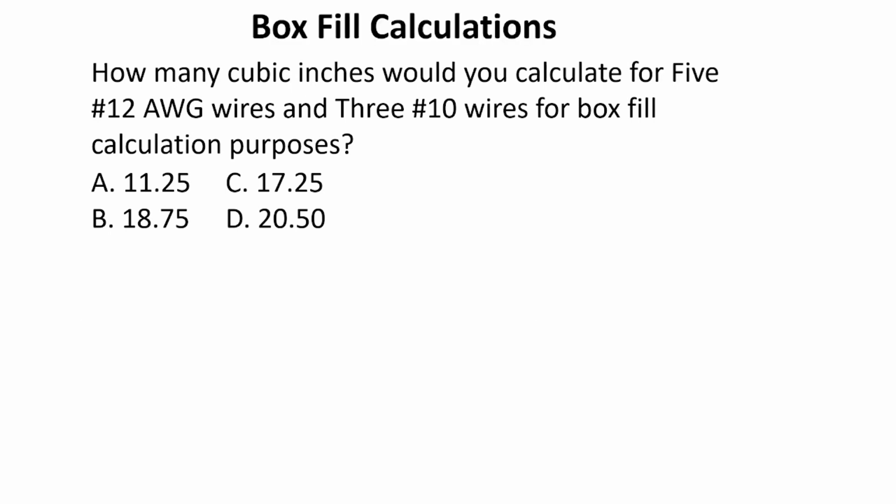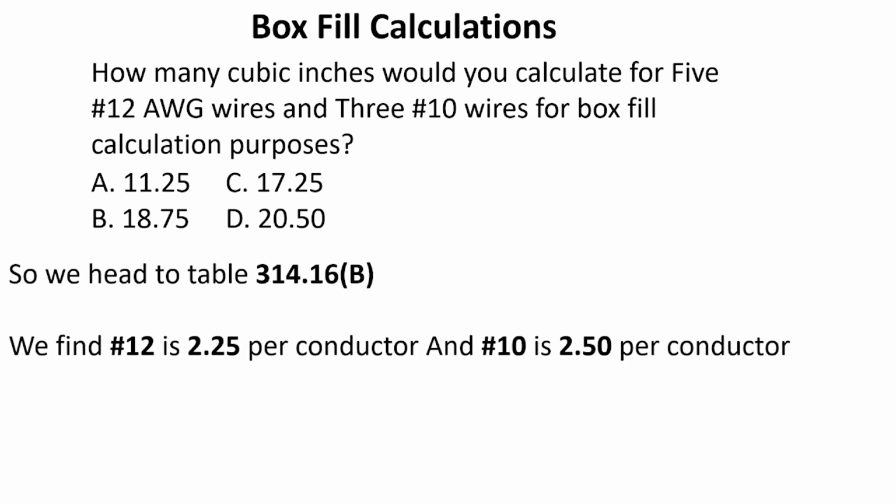Okay, so how many cubic inches would you calculate for 5 number 12 AWG wires and 3 number 10 wires for box fill calculation purposes? So it's asking what's the total cubic inches of that many conductors. So first we head to table 314.16(B). We find that number 12 is 2.25 per conductor and number 10 is 2.50 per conductor.